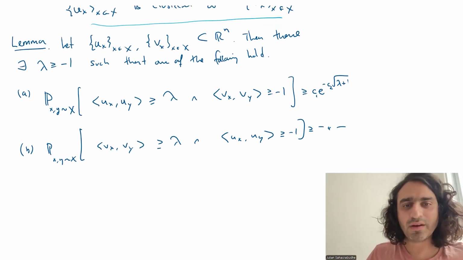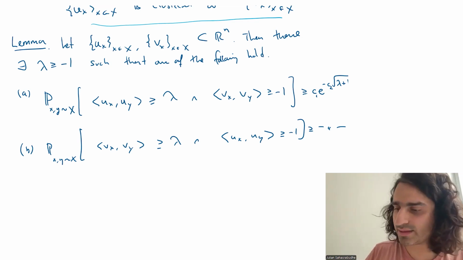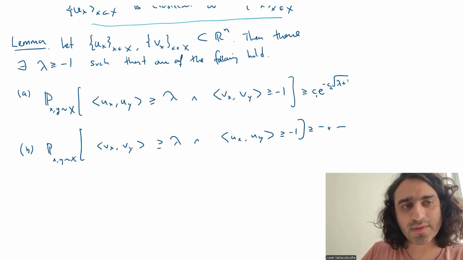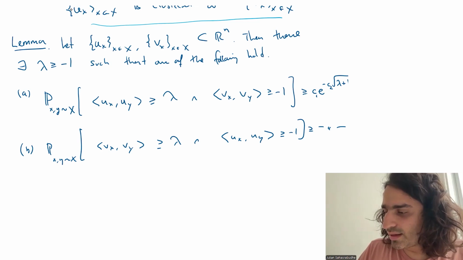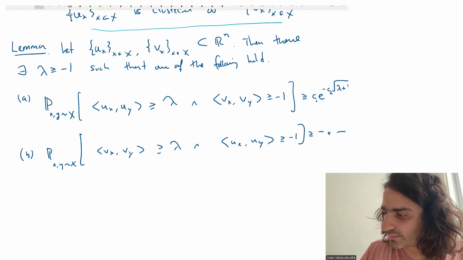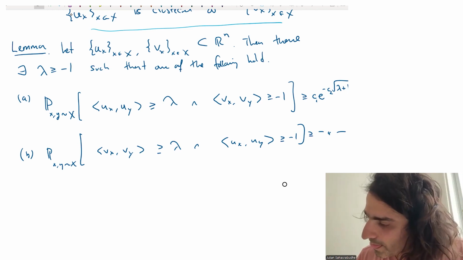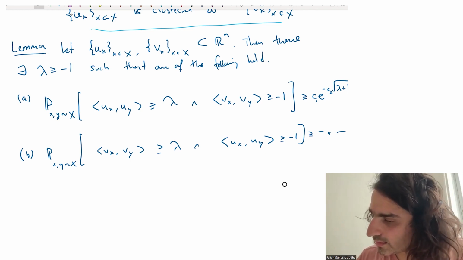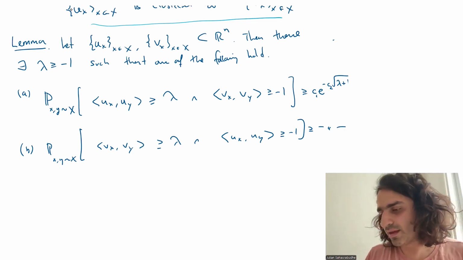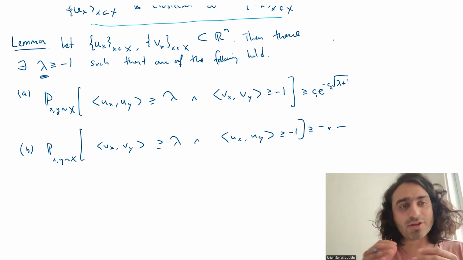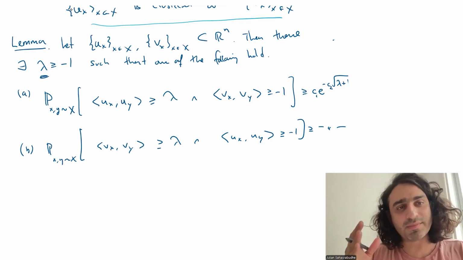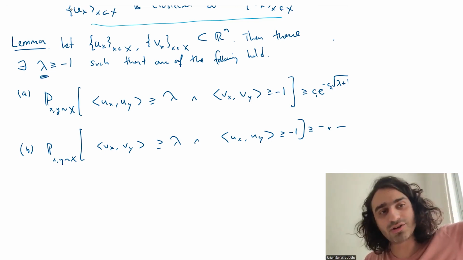Okay, let's unpack this a little bit. You give me some collection of vectors, u of x and v of y. And now I claim the following. There exists some lambda, possibly as small as -1, but possibly very, very large as well.